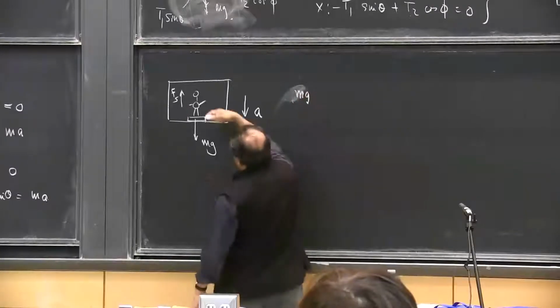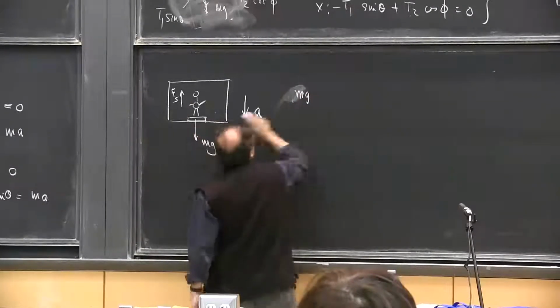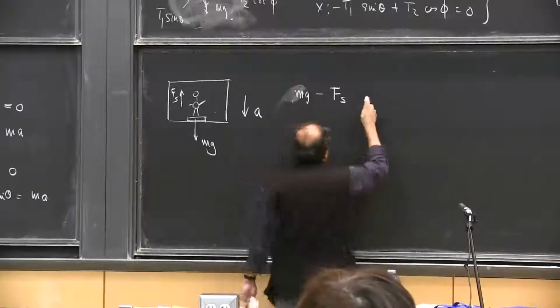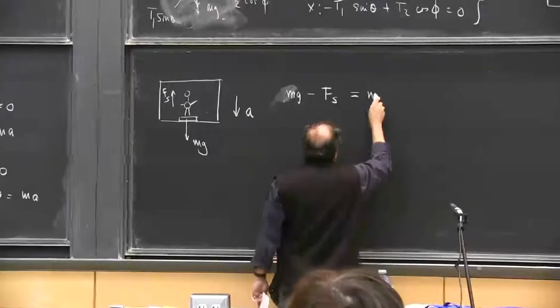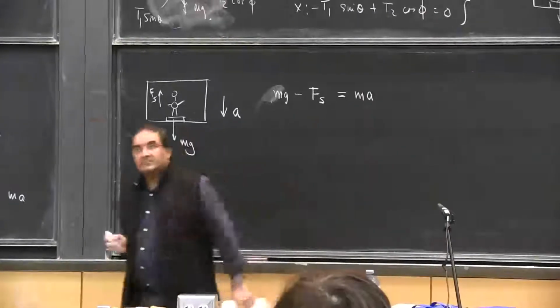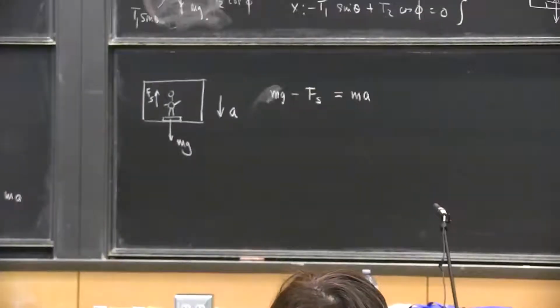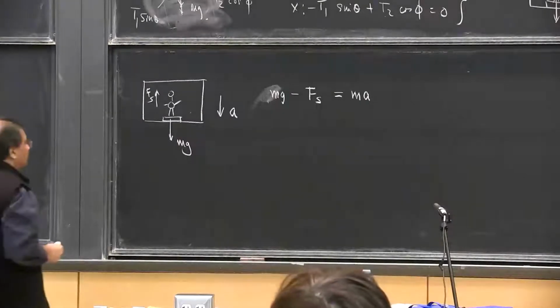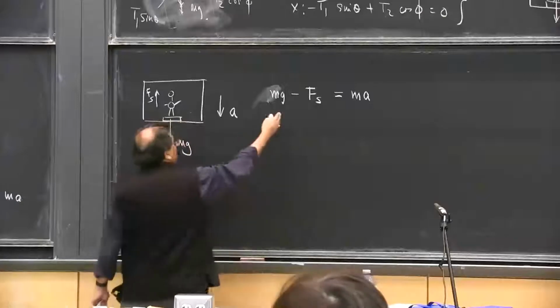So I'm better off doing it this way. I say, because mg is the downward thing, and mg is being opposed by the Fs, so mg minus Fs is equal to ma. This is what I was trying to ask you to be careful about. So observe how I did the signs. I put the winning force, what happens at the end of the day, that direction to be positive. So in this case, I took mg, my downward direction, to be positive, and Fs to be negative because this is opposing it.